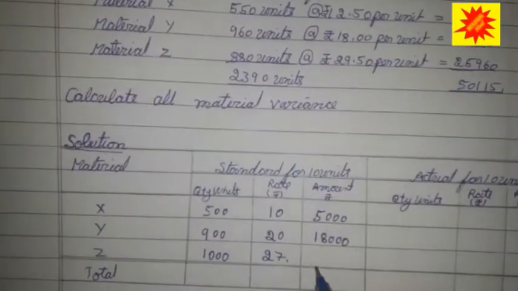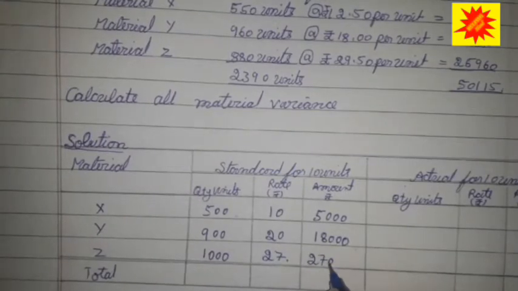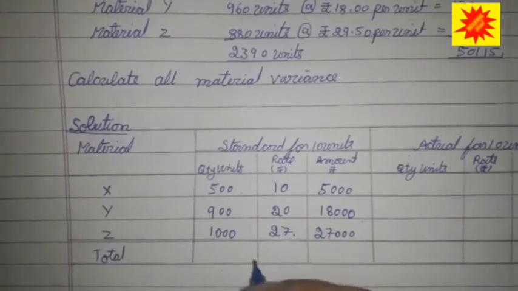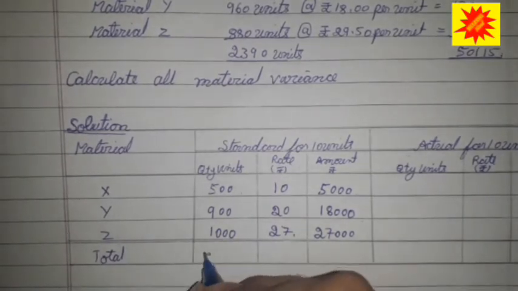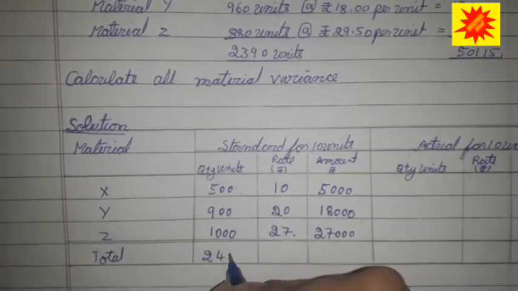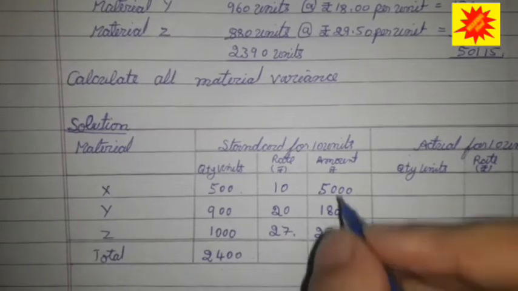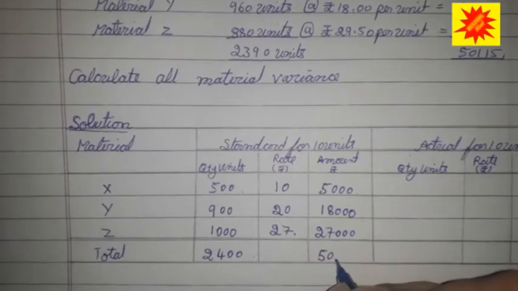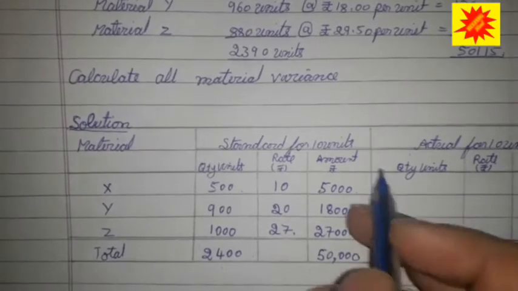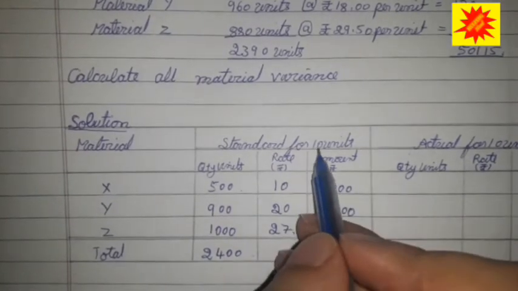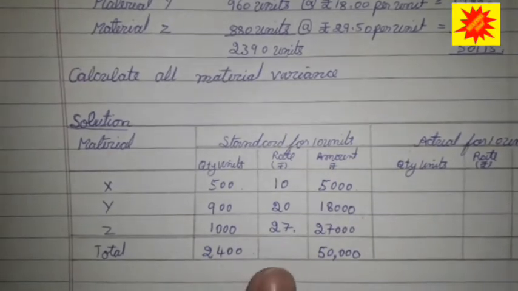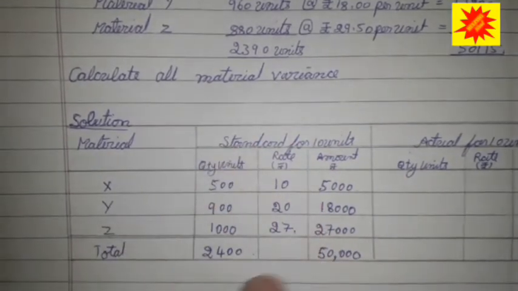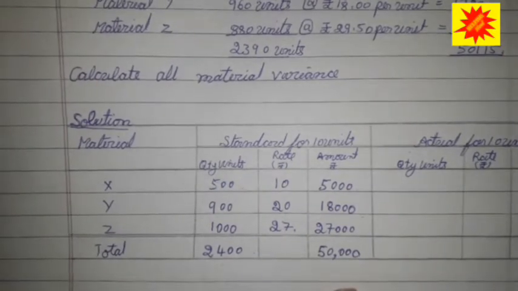When we multiply, we get 27,000. Now the units column has to be totaled, and we get 2400. The amounts column total, we get 50,000. This is the standard cost for 10 units. So we have a standard cost ready now. All the standard cost details we have: standard rates, standard units used, and the standard costs.